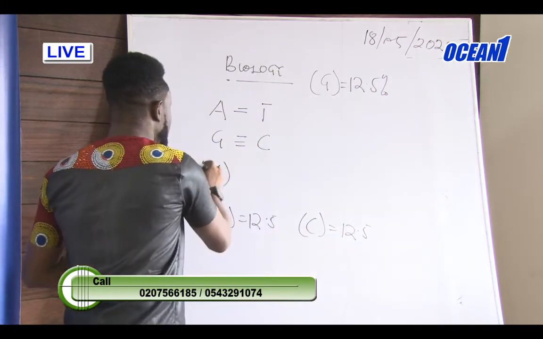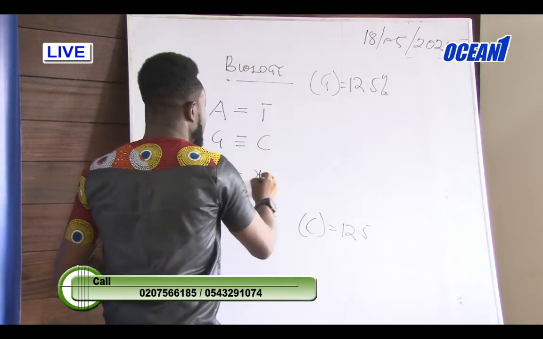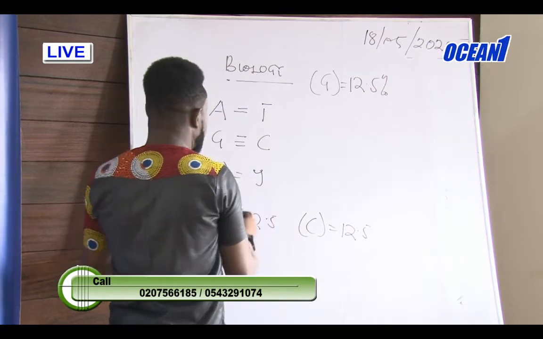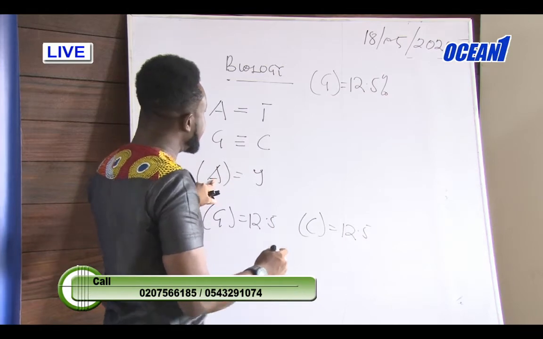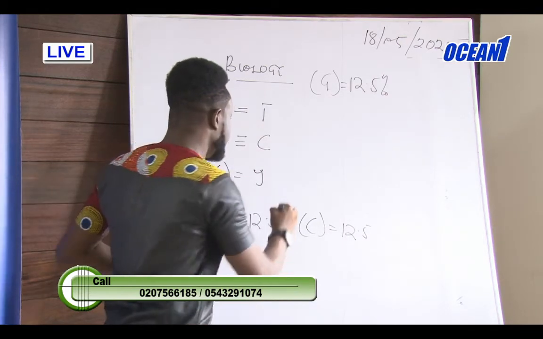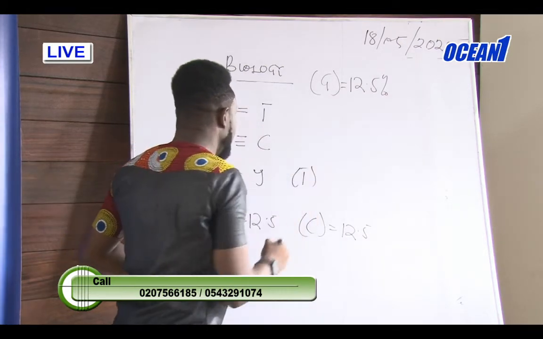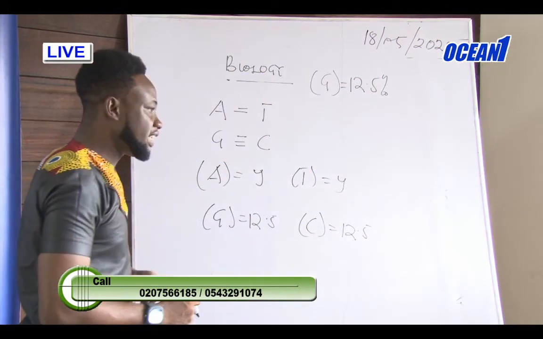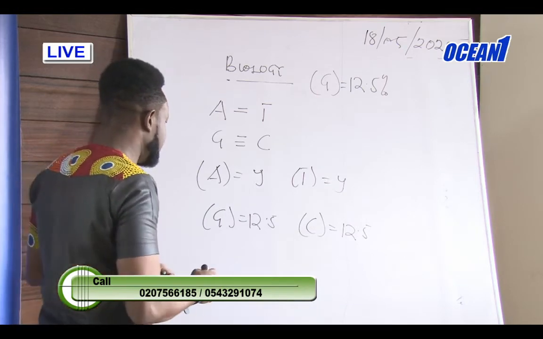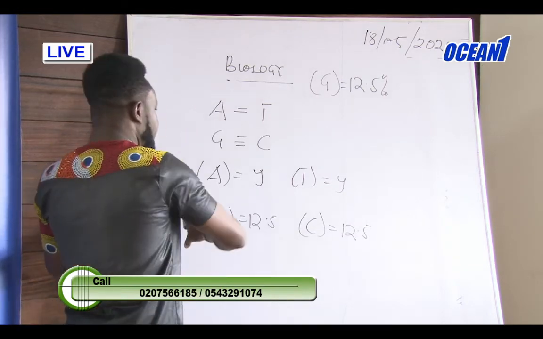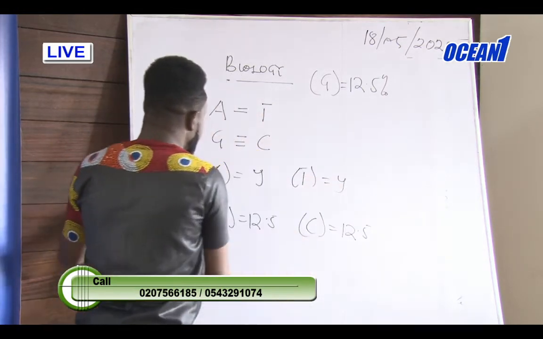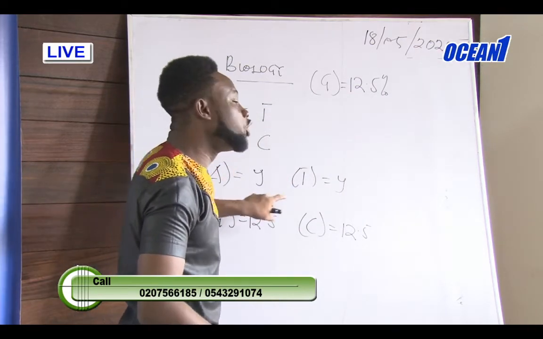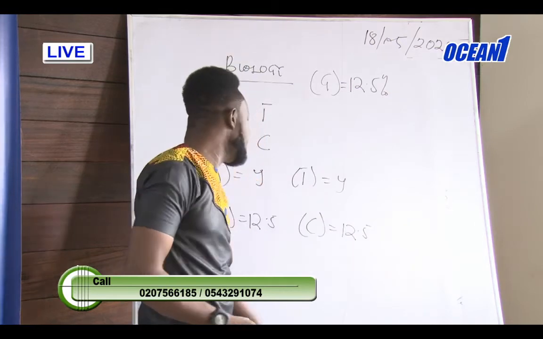Since we don't know the amount of adenine, let's represent that with Y. We know that the amount of adenine is the same as the amount of thymine, so let's represent the amount of thymine with Y. Now, based on Chargaff's first rule, the summation of the purines and the pyrimidines should be equal to 1 or 100%.